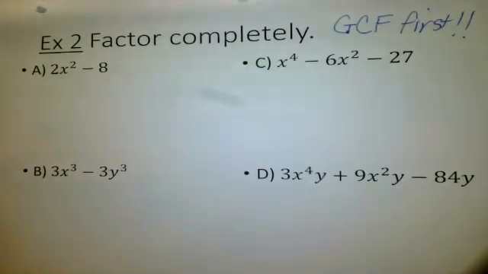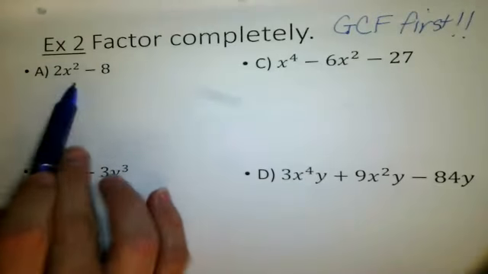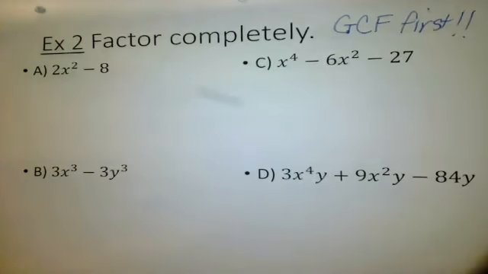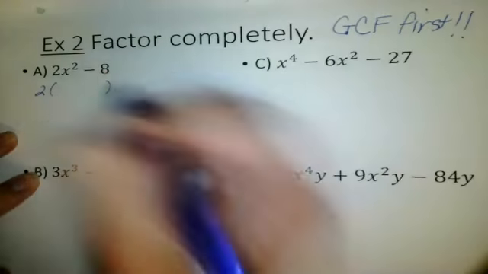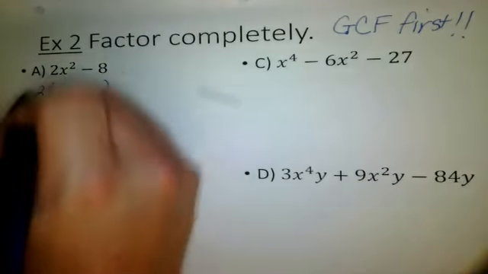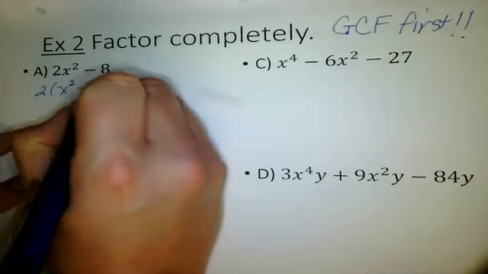So this is us combining all of those things to try to figure out how to get this polynomial down into bubble form, where everything is just being multiplied together. So what do you notice on letter A here? Take out a 2. What's left behind? X squared minus 4.